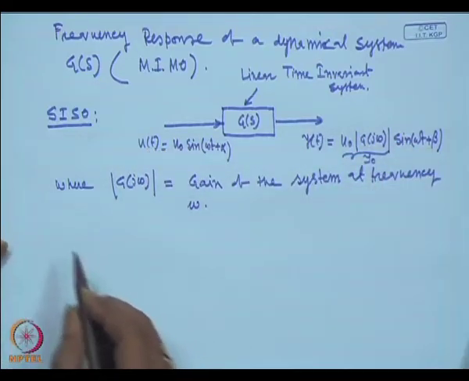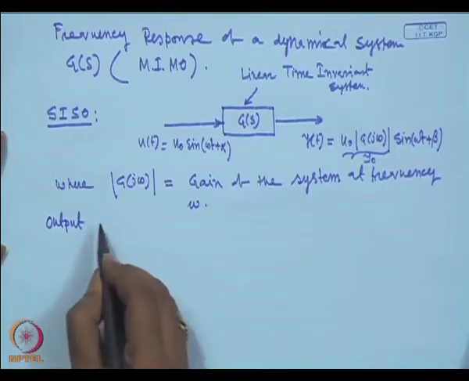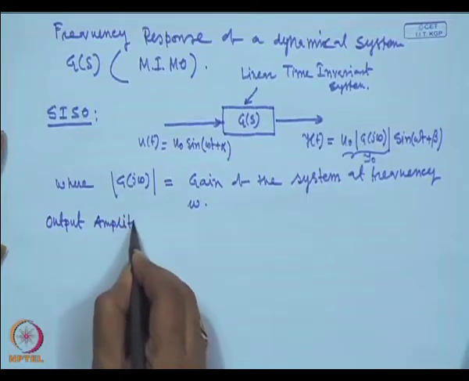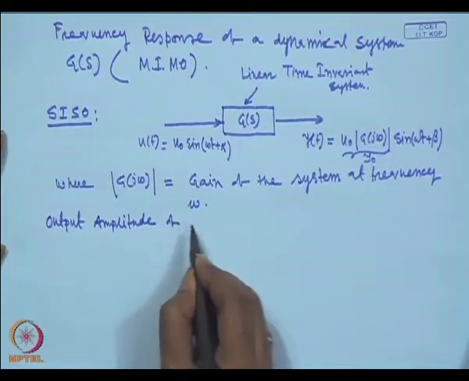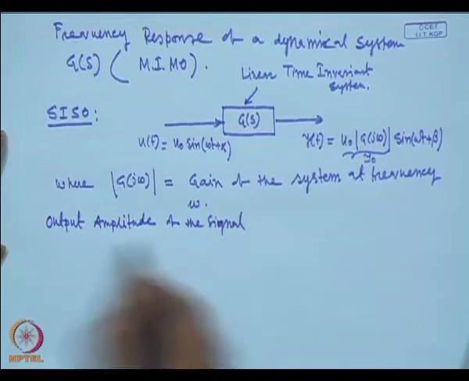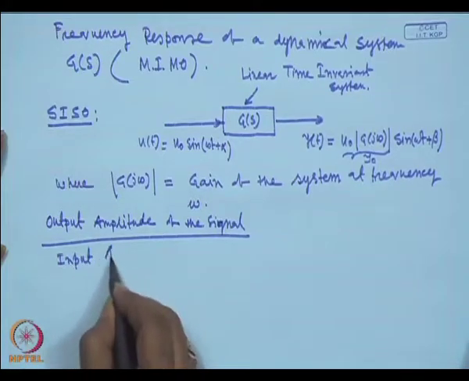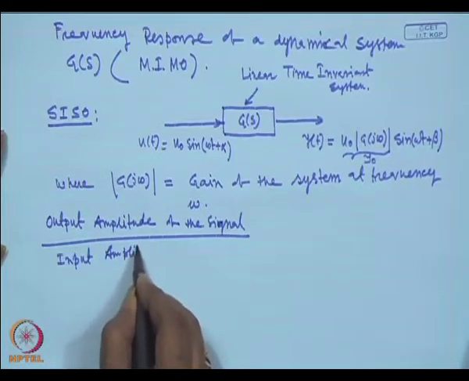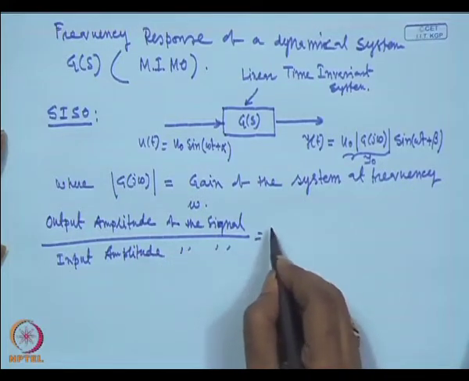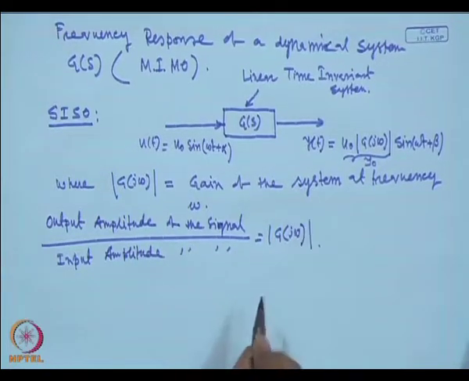So, you can say output amplitude of the signal divided by input amplitude of the signal is basically nothing but |G(jω)|.